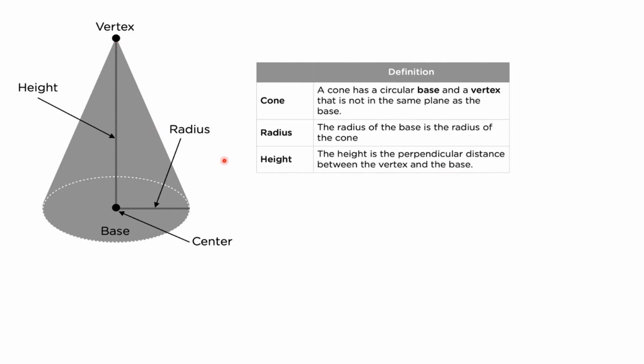According to the definition, a cone has a circular base and a vertex that is not in the same plane as the base. The radius of the base is the radius of the cone. And the height is the perpendicular distance between the vertex and the base.